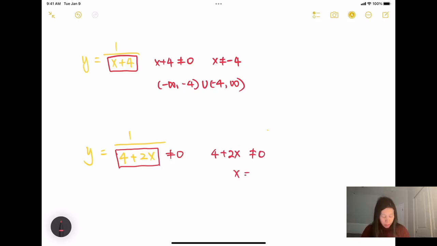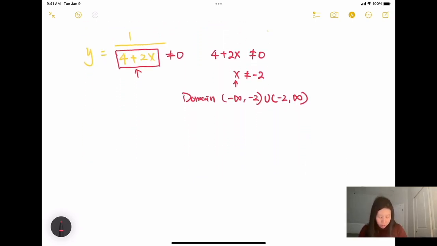So that means x cannot equal negative 2. So this function can equal anything but 0, so x can equal anything but negative 2. So the domain is going to be negative infinity to negative 2, and then negative 2 to infinity. That is the domain. Okay.